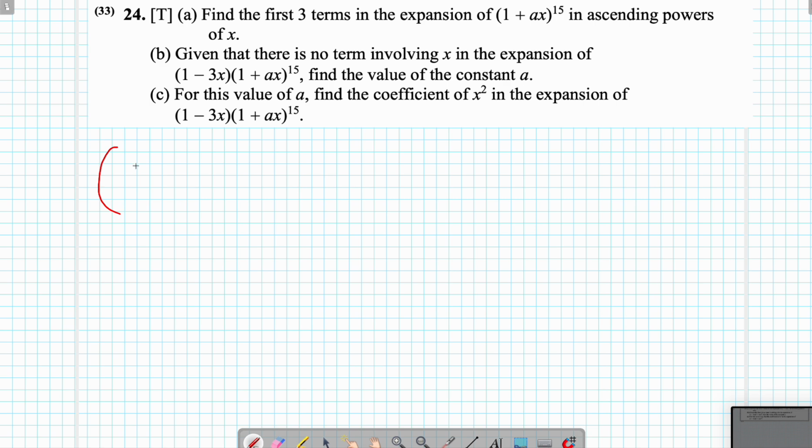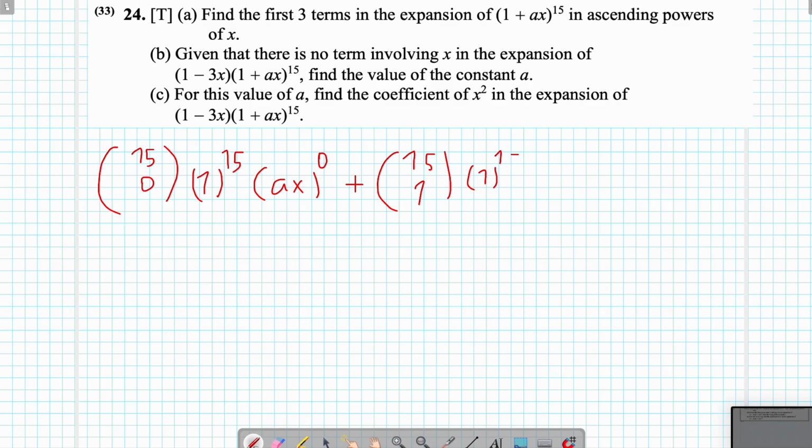Okay, so gonna start with 15c0, 1 to the 15, (ax) to the 0, plus 15c1, 1 to the 14, times (ax) to the 1, plus 15c2, 1 to the 13, times (ax) squared.